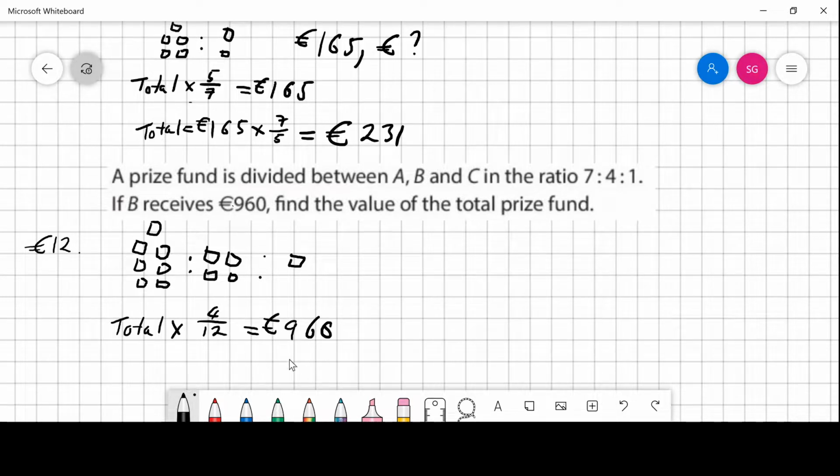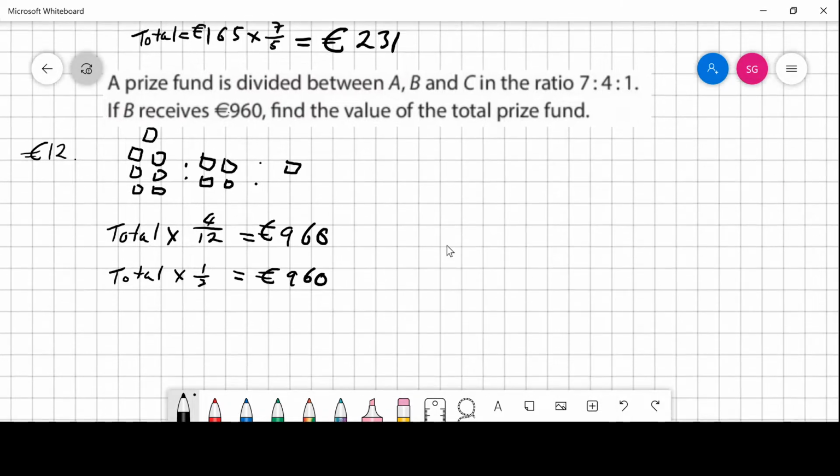Now, I'm going to simplify that a little bit for myself. I can go, wait a second, 4 over 12 is the exact same as 1 over 3, right? So the prize given to B is 1/3 of the total, isn't it?